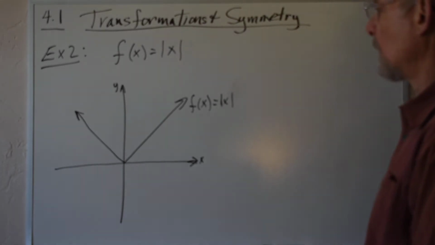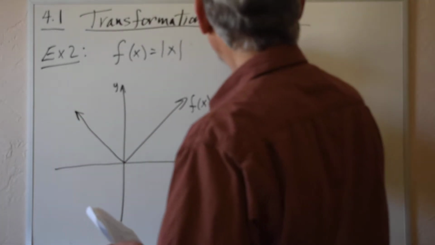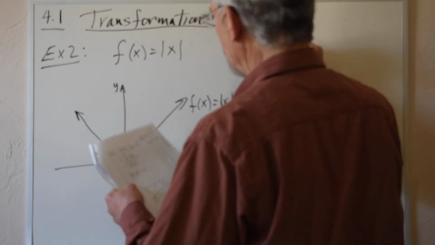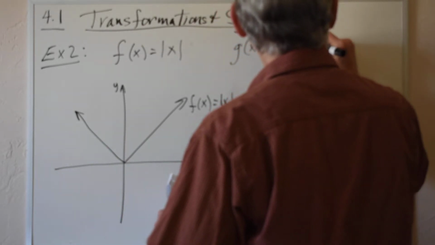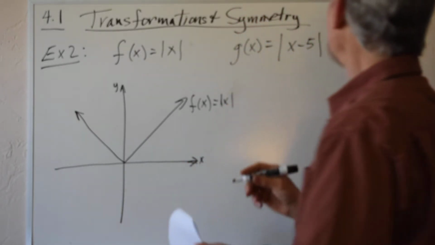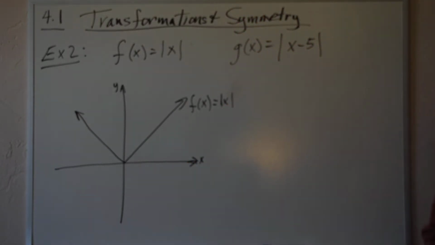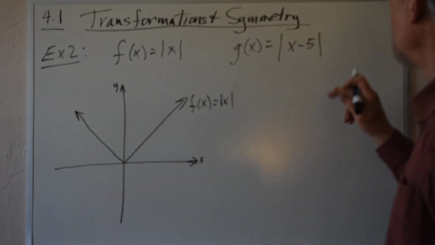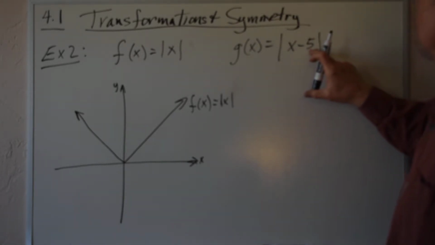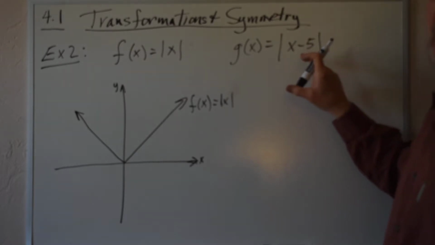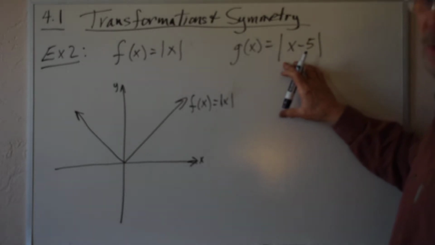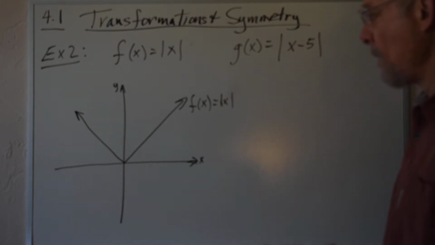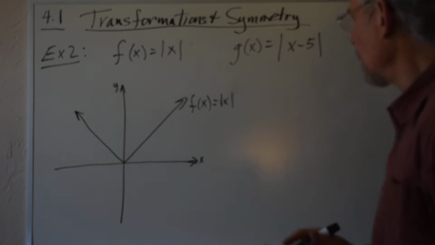Then we're also asked to graph g of x equals the absolute value of the quantity x minus 5. So here, we're subtracting a number from x inside the absolute value bars, which is different from what we just did in example 1. Let's see what kind of difference that makes.